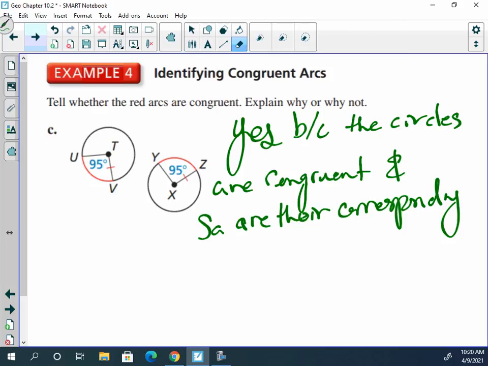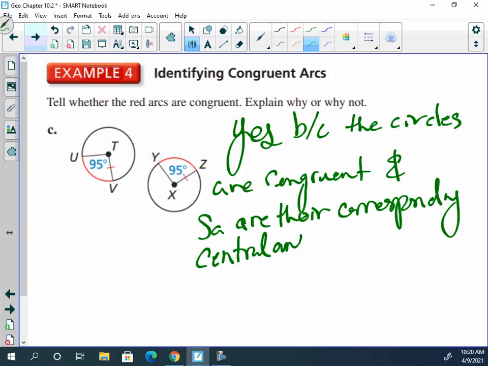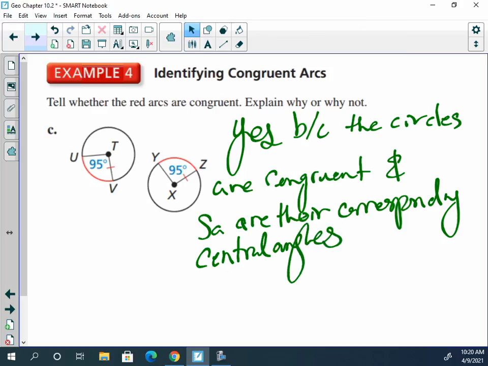That's what I was looking for, not inscribed. Central angles. Used the wrong word earlier. It wasn't inscribed on the other one. Inscribed's not, it's on the circle, not at the center. And I'll go fix that here in a second. But are there questions on this here?